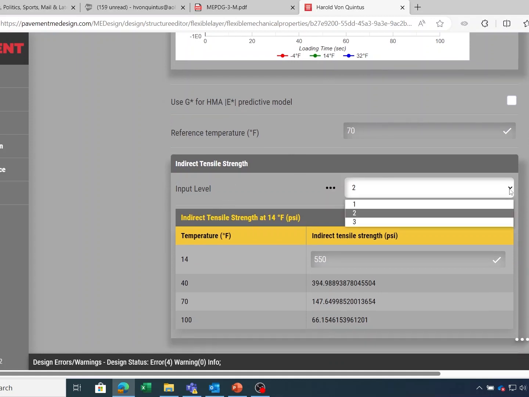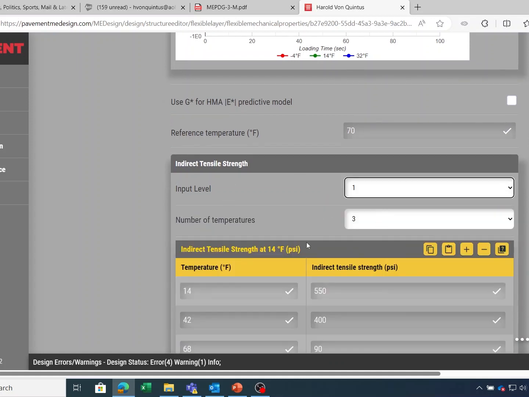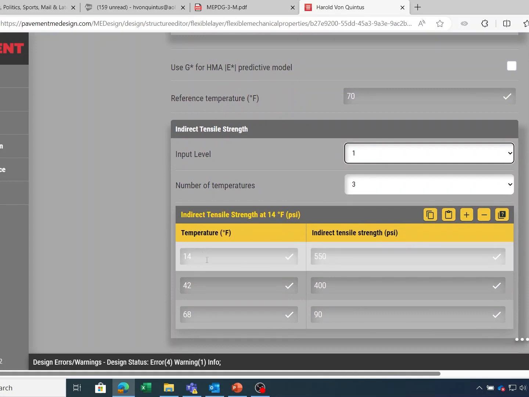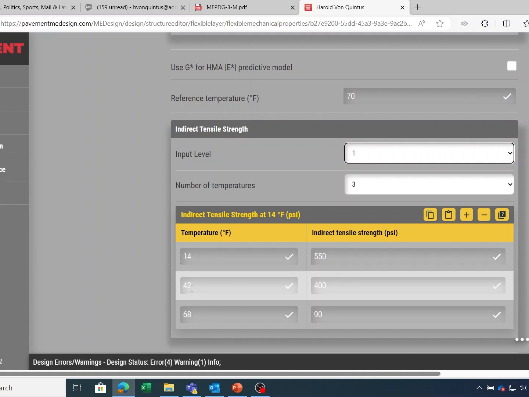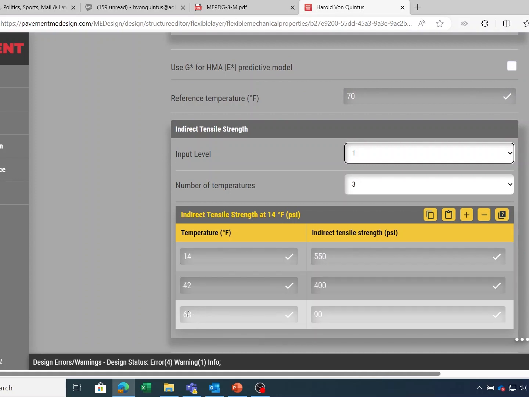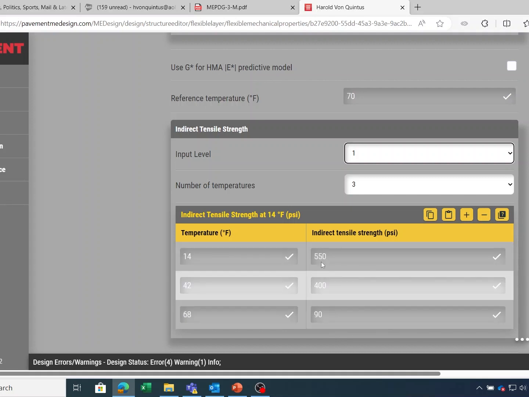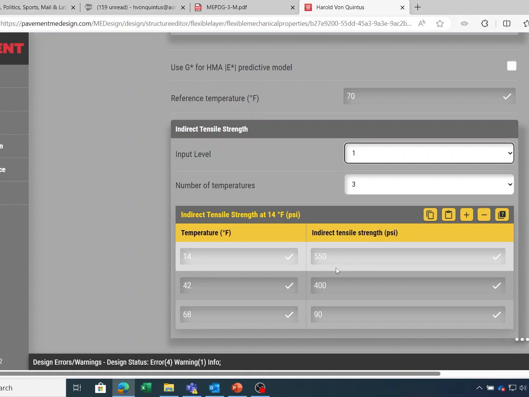For indirect tensile strength with input level 1, the user measures the indirect tensile strength at different temperatures. 14 degrees is the common, and then 40 or 42 and 68 or 70, the indirect tensile strength is entered into the program.